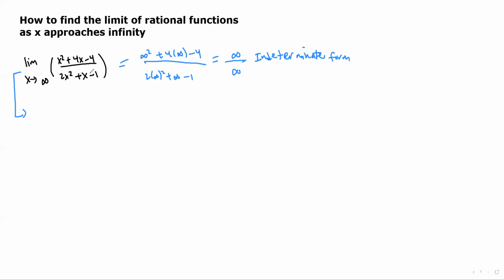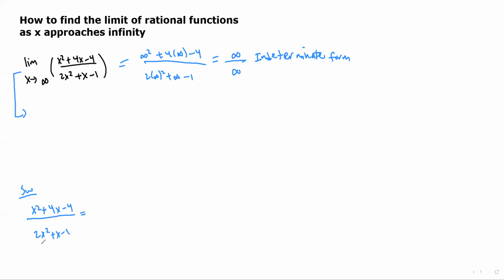Well, what I need to do is look in the denominator. As I look in the denominator, I need to look at the term with the highest power. So in this case, that would be x squared. And I will need to divide each of the terms by the highest power. So in this case, I'm going to put my scratch up here. And I'll have x squared plus 4x minus 4 over 2x squared plus x minus 1.